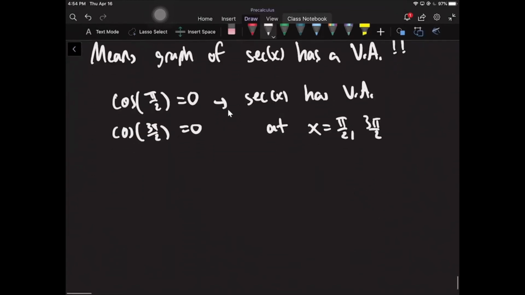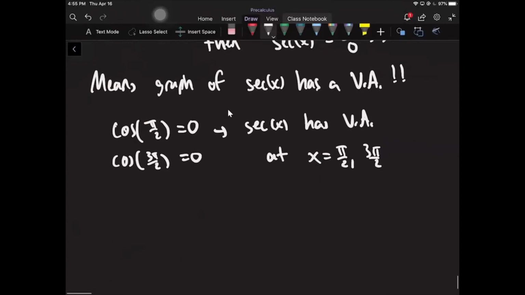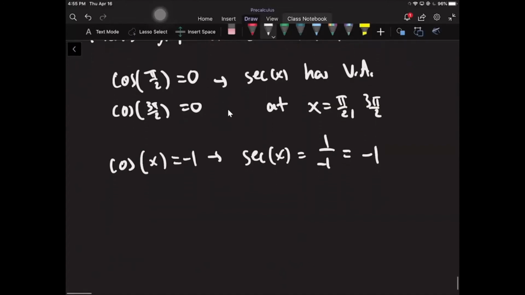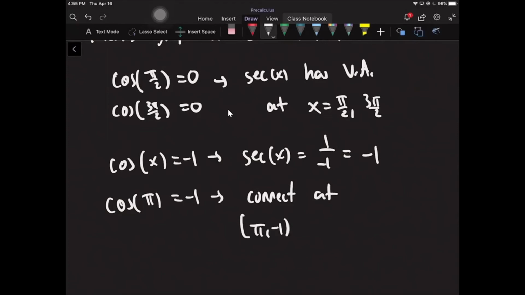So we can start using this information to graph. I guess I should say one more thing. What about when cosine of x is -1? That'll mean secant of x is the same as what happens with 1. I should have done it earlier, but I just forgot. So the point is that they're both -1 at the same time. That's at pi. So they connect at pi comma -1.